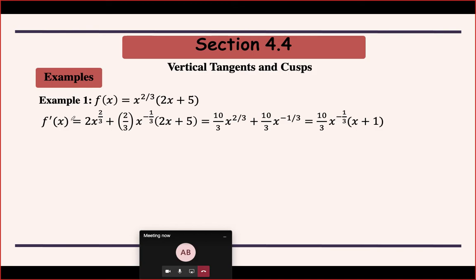So at what point will f dash have an infinite limit? For what value of x will f dash have an infinite limit? Zero. When your x is 0, then your f dash is going to have an infinite limit.